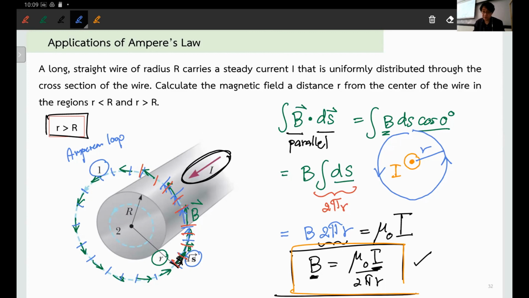So if the current is flowing out of the page, your magnetic field will flow counterclockwise. The magnetic field at any point will be tangential to that. And now you will be able to calculate the magnetic field strength directly by using this formula right here. That's it, guys. Done. This is what you need in the final.